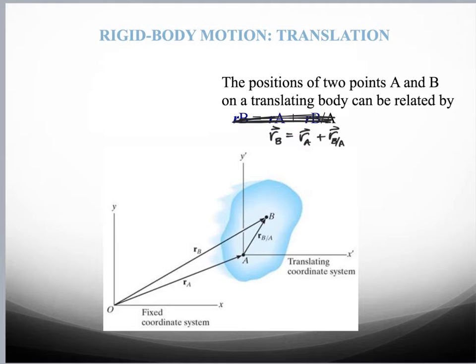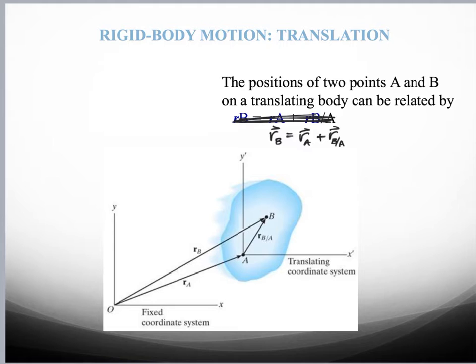We have 2 points on the object, point A and point B, and notice that we can define point A and point B relative to our fixed coordinate system, and we've also defined where B is in relation to A, which would be within the moving system.